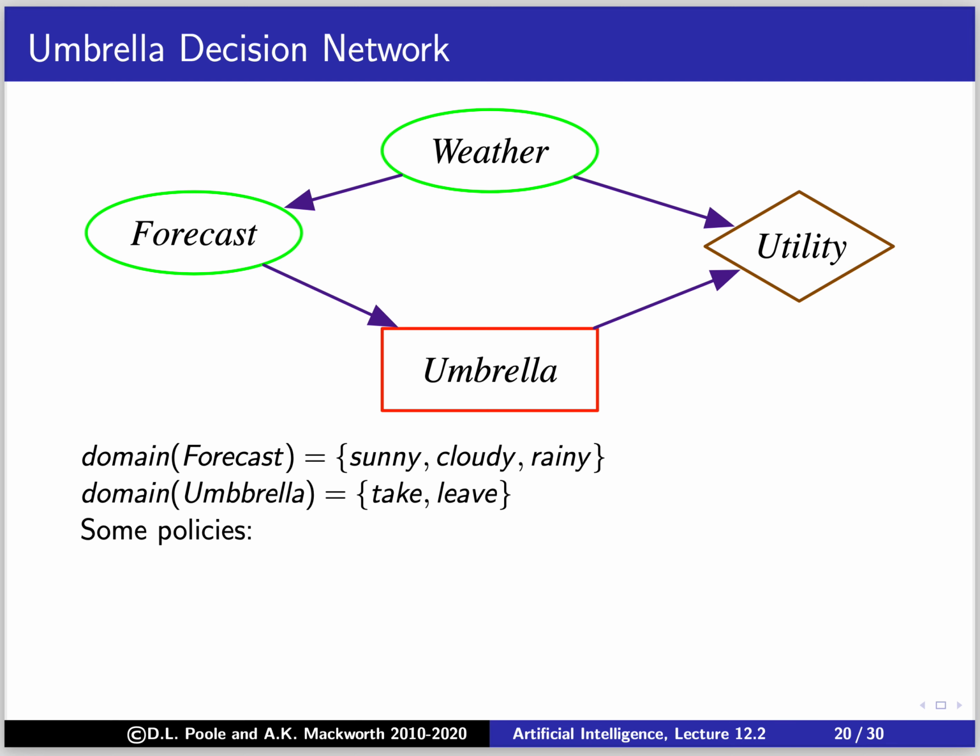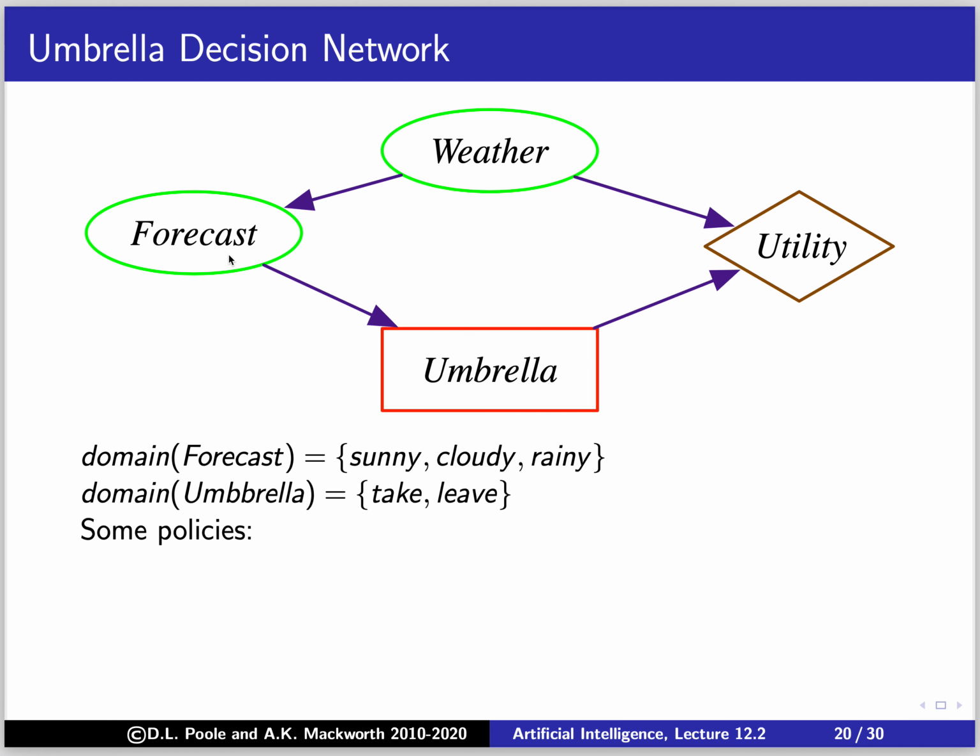So let's give some examples. Here's the domain: there's a forecast, weather, and utility, and suppose the forecast is either sunny, cloudy, or rainy. And the umbrella, you can either take it or leave it. Here are some of the policies. For each value of the forecast, you get to decide whether you take it or leave it.